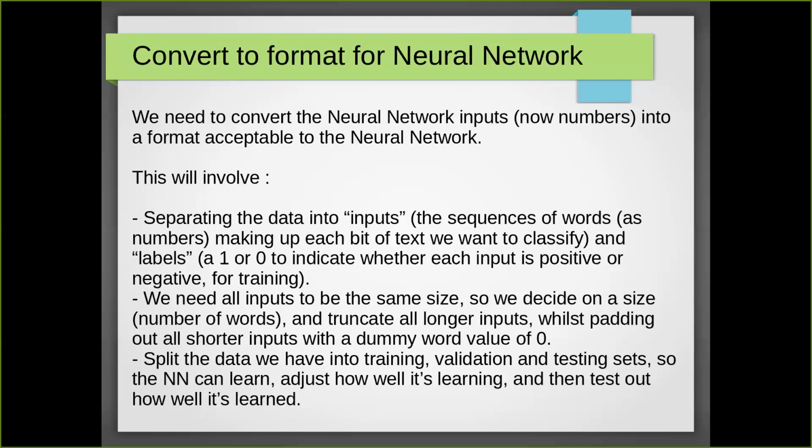Validation data is similar, but it's part of the training set. So we carve off a bit of the training data and we use that for validation, so that as it learns on the training data, it checks itself against the validation data and says, okay, I did this well on the training data. I got 80% of them right by setting up this combination of weights. But when I look at the validation data, I only got about half of them right.